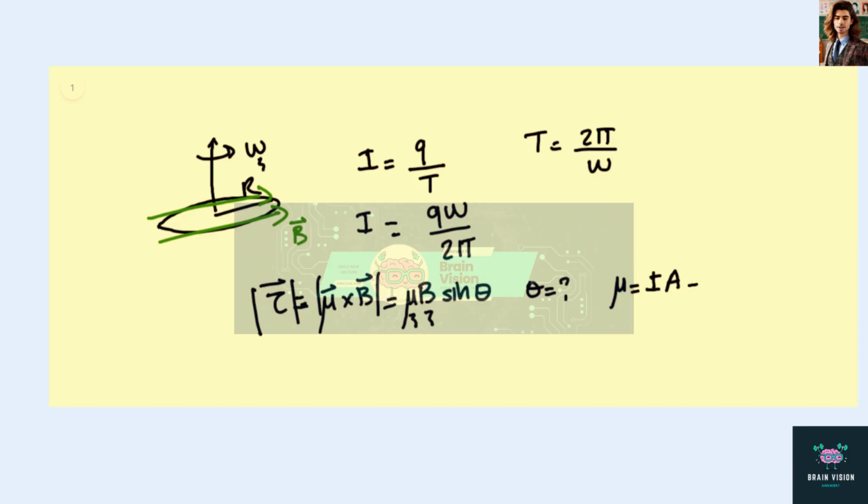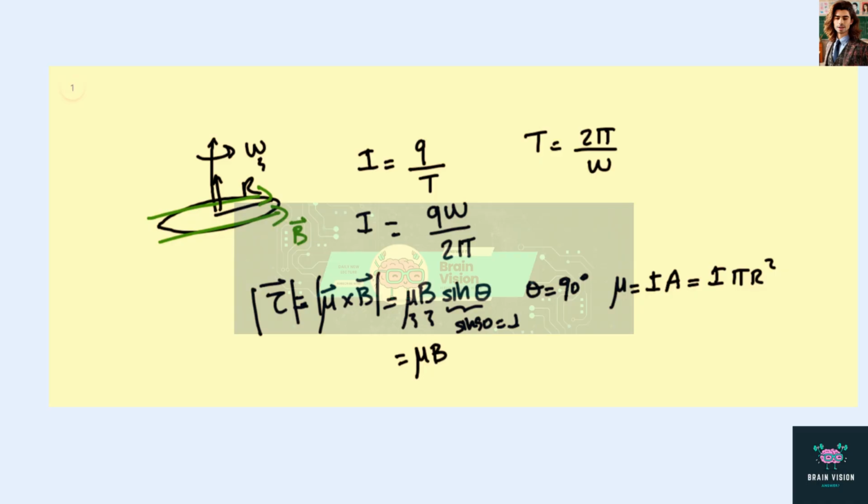The area for us is pi r squared, obviously, and mu, depending on the direction of rotation, is perpendicular to the loop. In this case the angle between mu and B has to be 90 degrees. So sine 90 is going to give us 1.